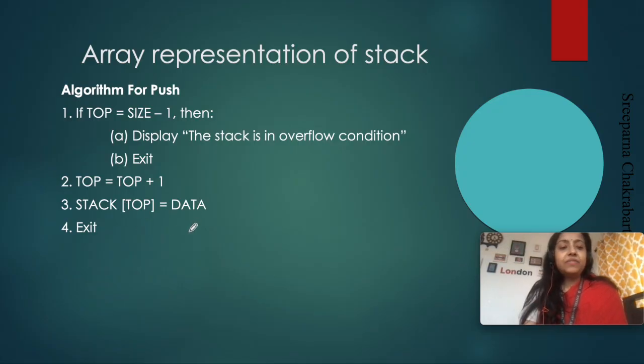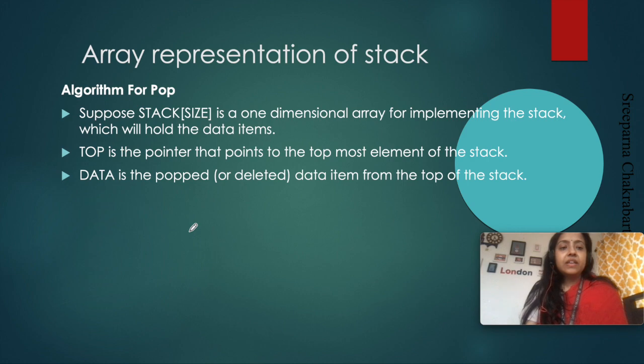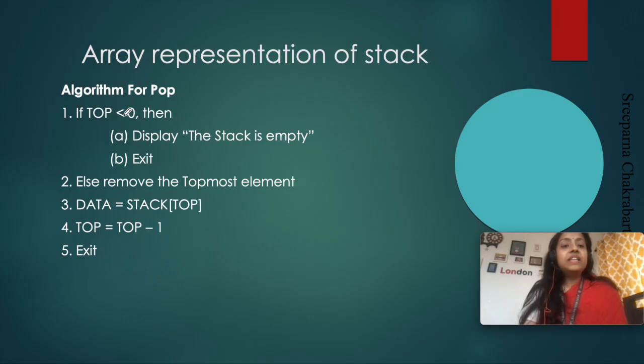In a similar way, if we see the pop operation of a stack, we see that if top is less than 0, when is top less than 0? So just now I have said to you that if the value of top is minus 1, then the stack is empty.